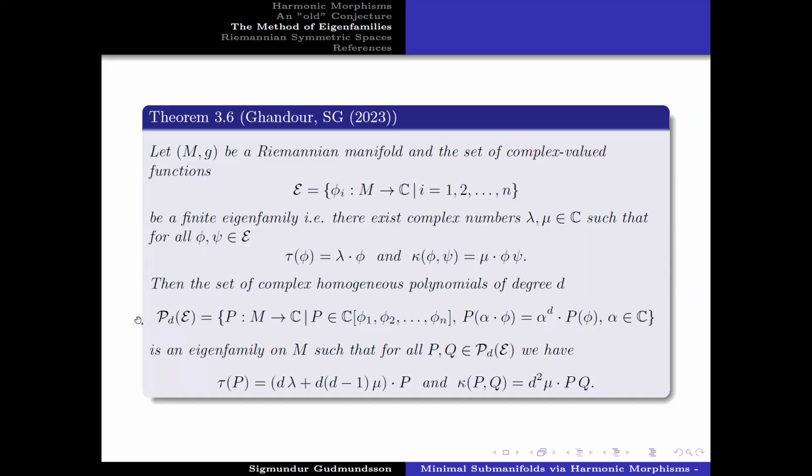So this means if you have an eigenfamily, you can produce infinitely many. And then it's very easy to show that the eigenvalues sort of follow this pattern here.